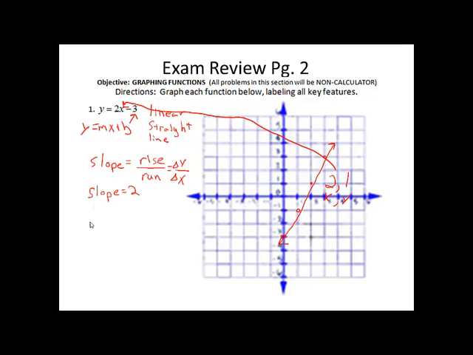So we're going to say that 1 is equal to 2 times 2, again, that is the 2 for our x and our 1 for our y, minus 3. So we end up with 1 is equal to 4 minus 3, which is 1. And that is correct. That is part of our solution. So that point is definitely on our line, graphing this function.